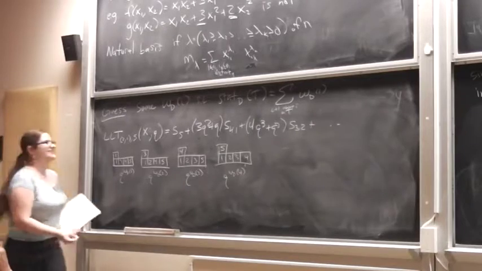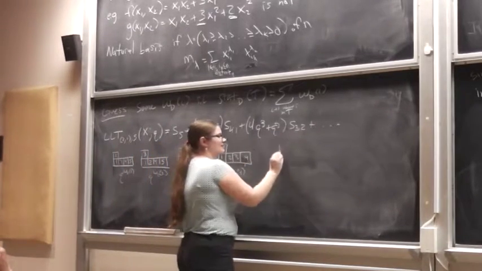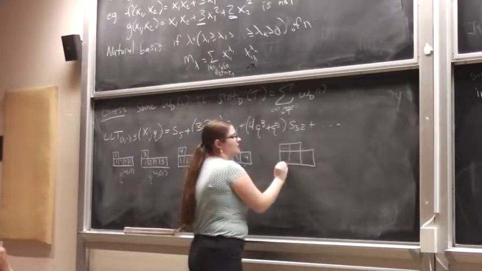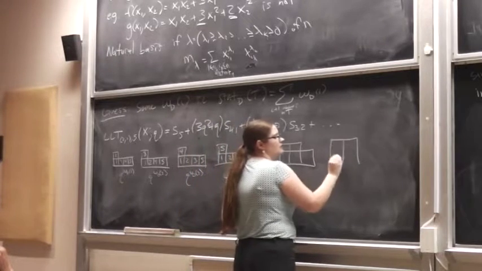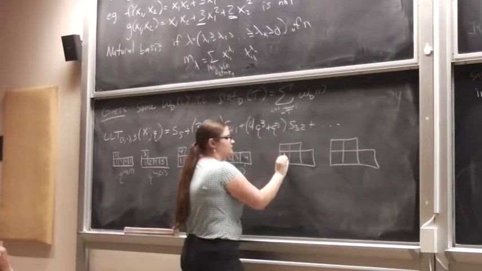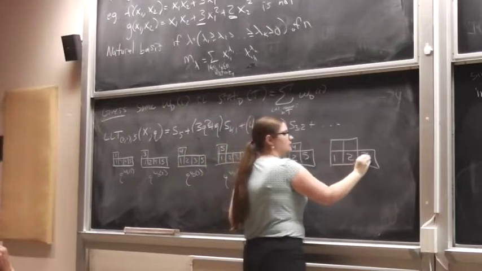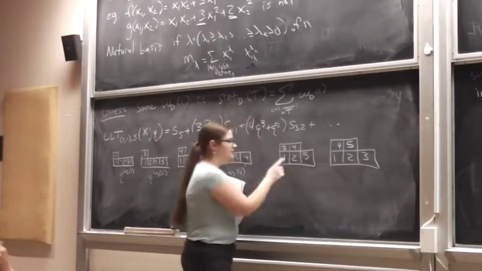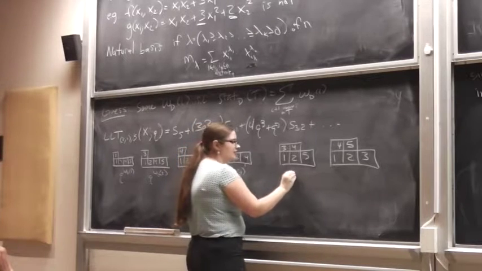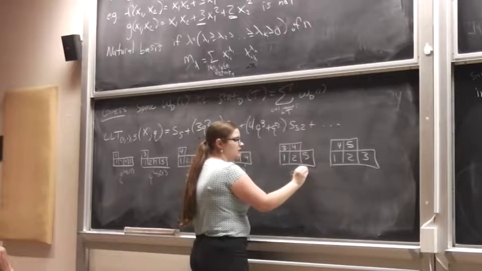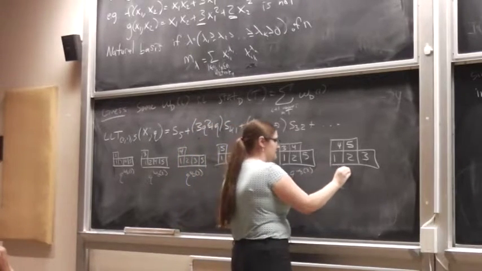But when I look at tableau here, I also have 2 tableaux with just 1 descent. So this tableau has just a descent at 2, and this tableau has just a descent at 3.